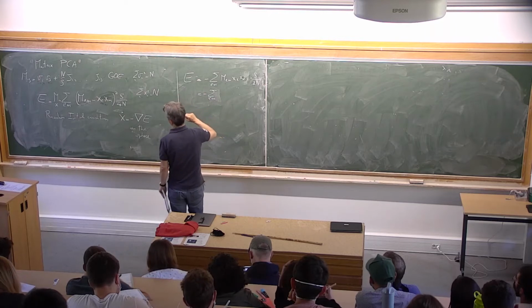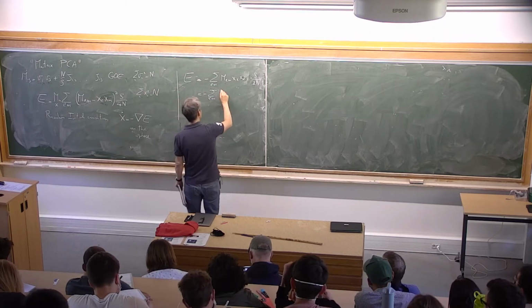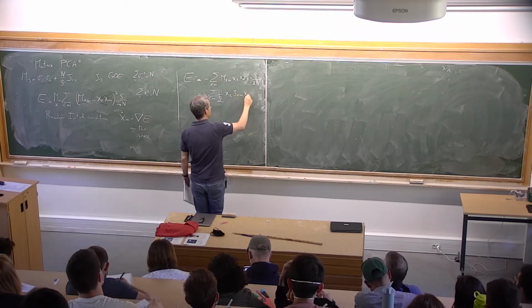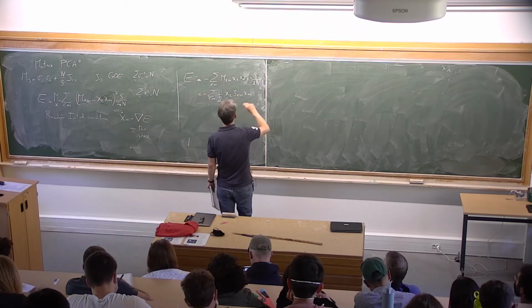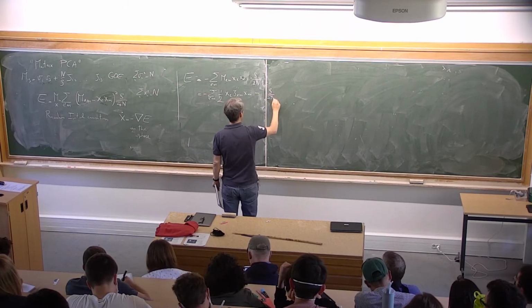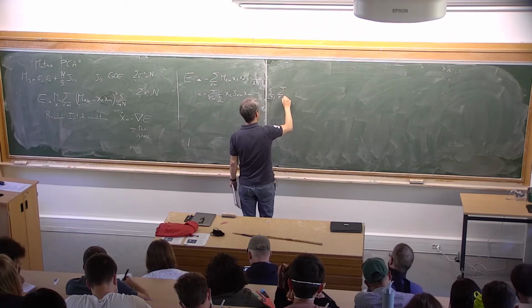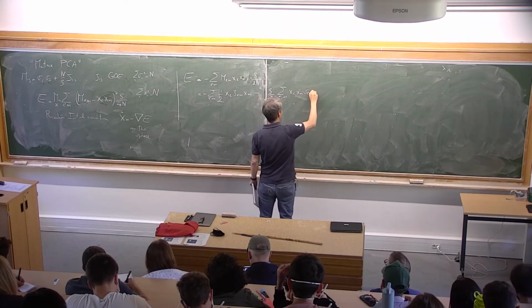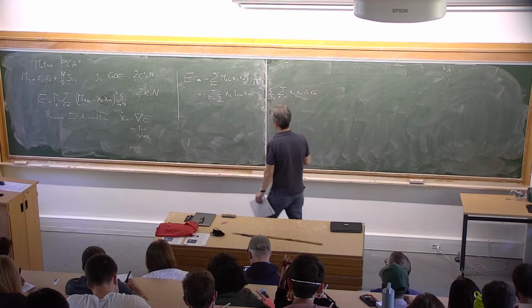So I have a first term, which is the G_ij, so it's going to be 1/2 xL G_LM xM. And then I have another term, which is minus rho divided by 2n, sum over L and M, xL xM bL bM.